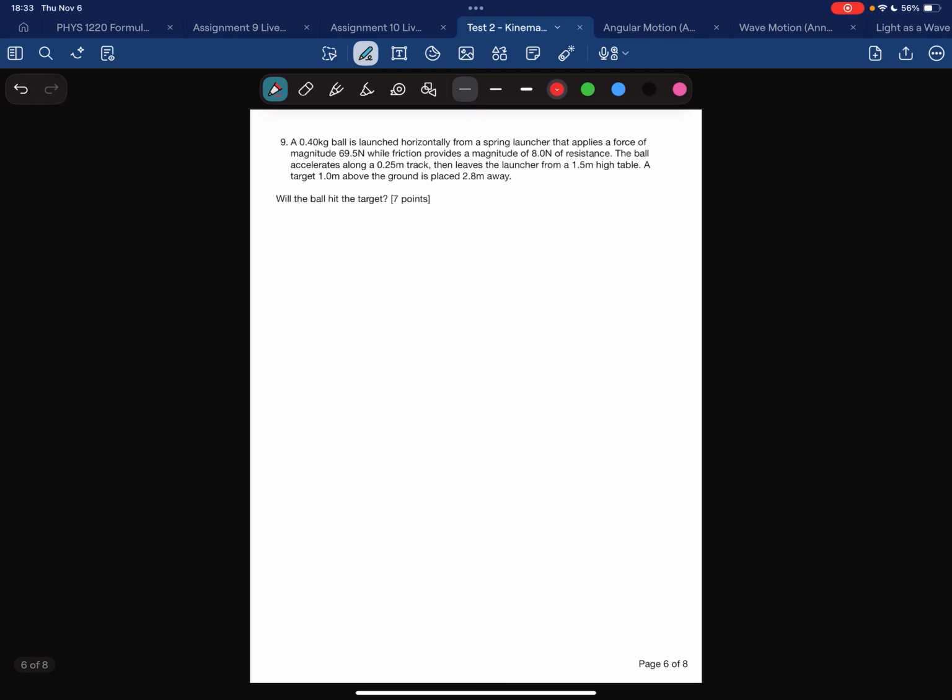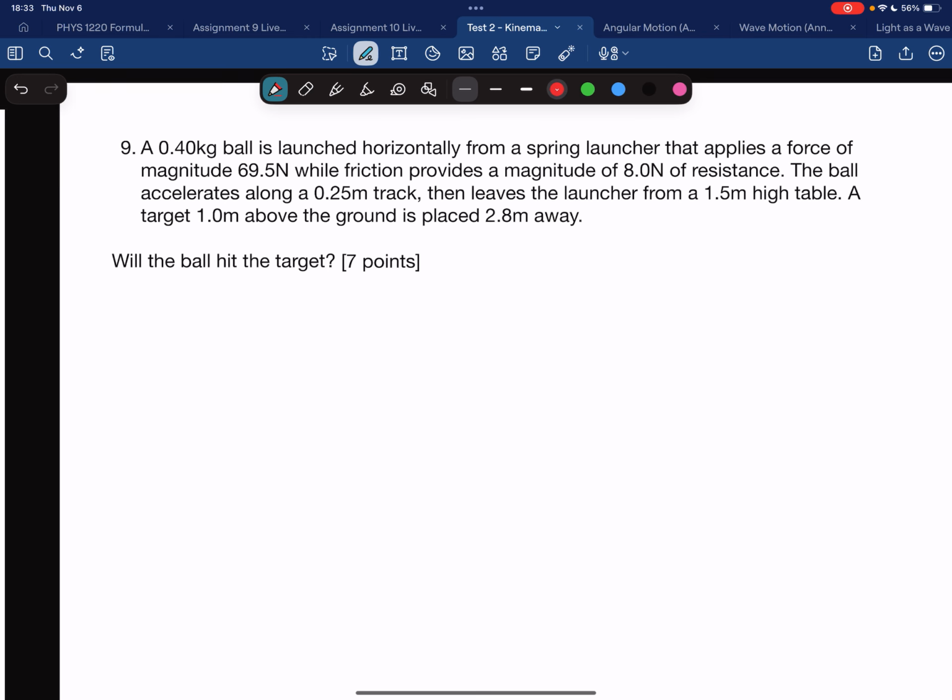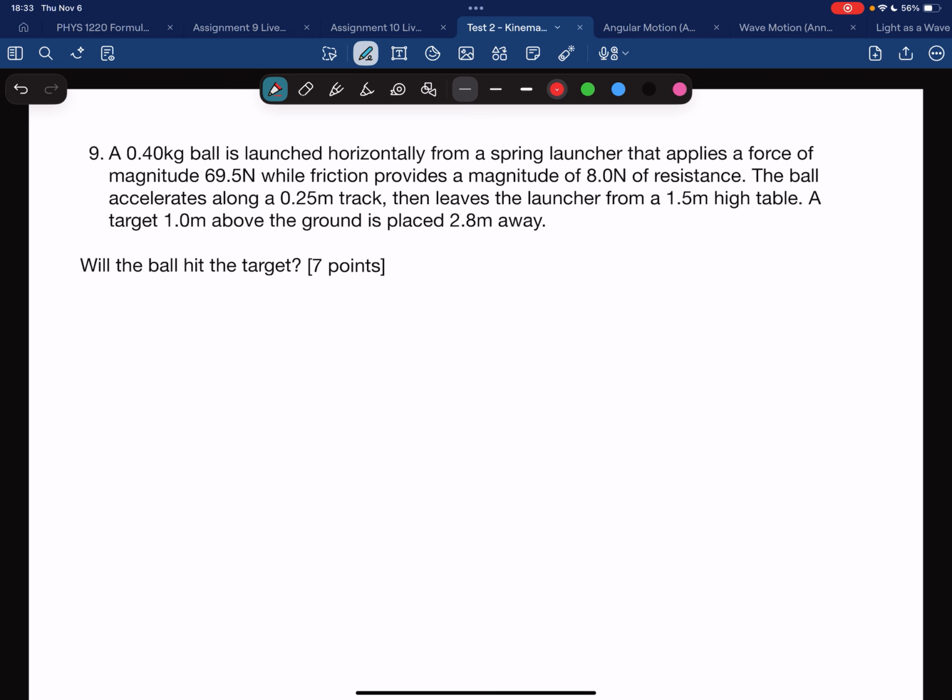And I believe the last question here, yes it is, question 9. A bit more complicated. So, writing out my givens first. We have a mass of 0.4 kilogram ball. It is launched horizontally from a spring launcher that applies a force. So I have an applied force of magnitude 69.5 newtons.